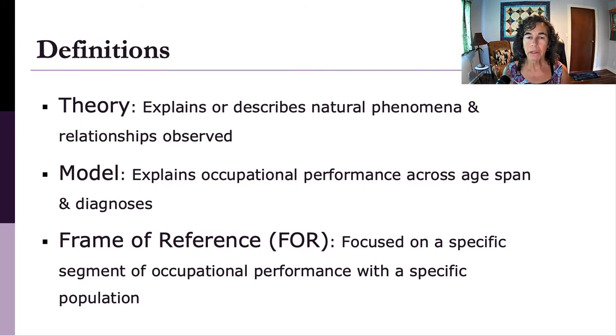A model explains occupational performance across the age span and across diagnoses. So if you think of it like a funnel, the theory is the biggest, the model is in between, and then we have frames of reference, which are focused on specific segments of occupational performance with a specific population. So we're going to go through it that way, but do keep in mind the differences.